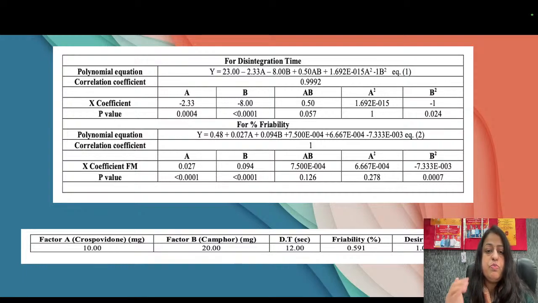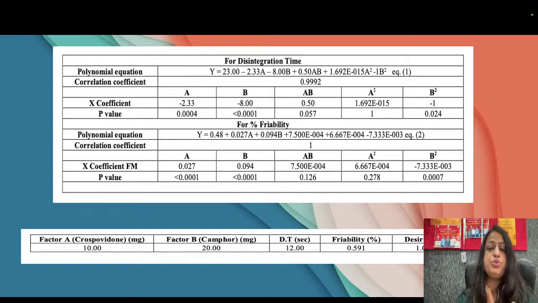So according to my goal, it has given me this formula. Yes, factor A should be taken as 10 milligram, factor B should be taken as 20 milligram if I want the desirability as 1, DT as minimum and percent friability in the range.